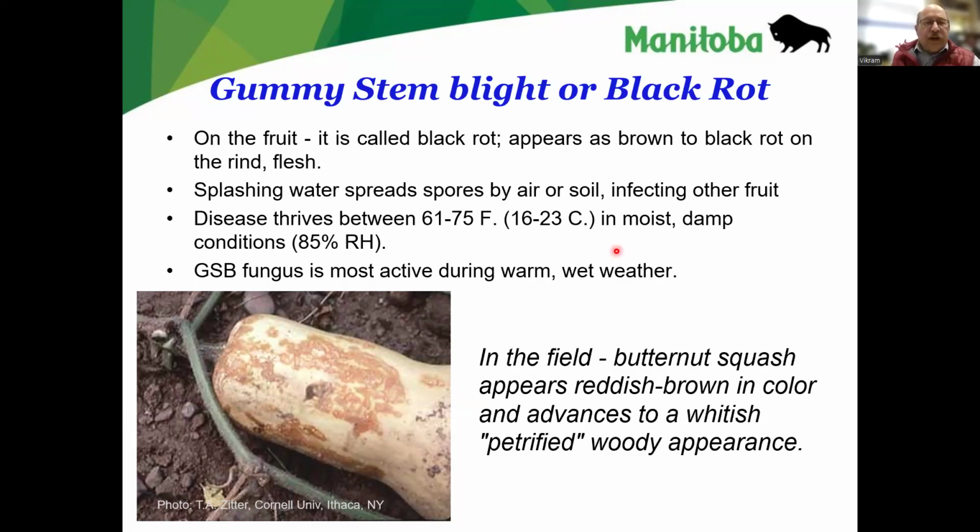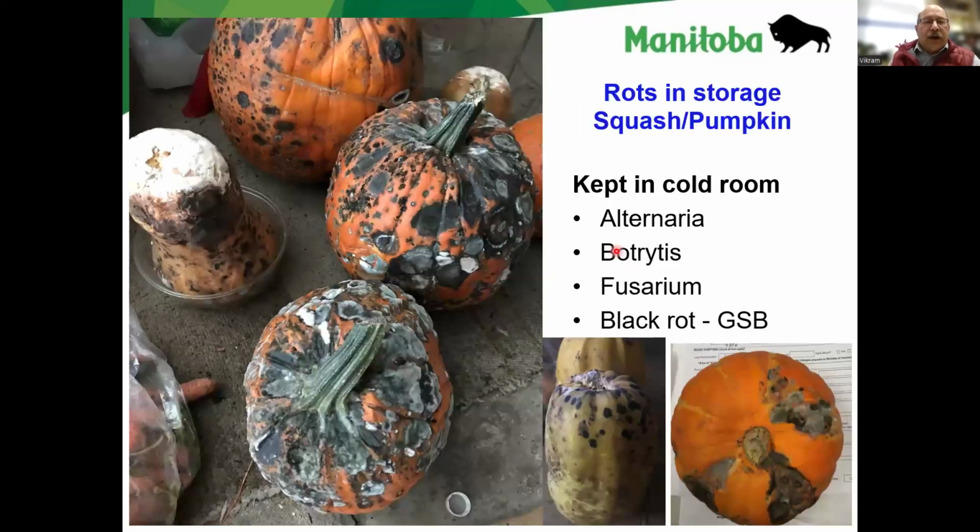Okay. I have control measures in a few slides later. Now, here is a sample of what these pumpkins and squashes are infected with in the field, and they are going to rot if you keep them in a cold temperature.